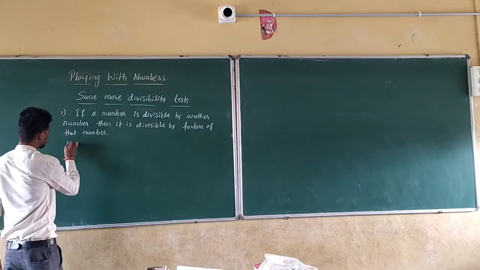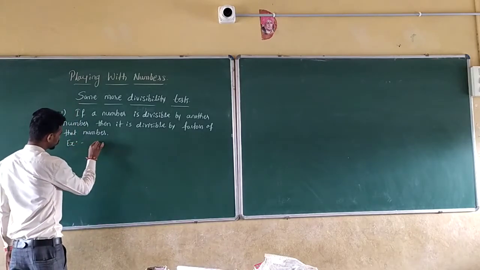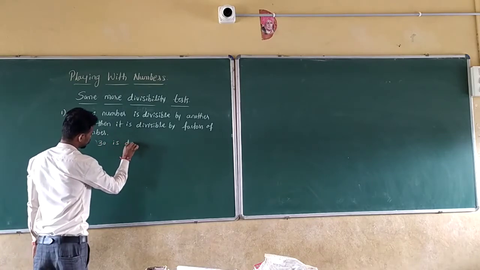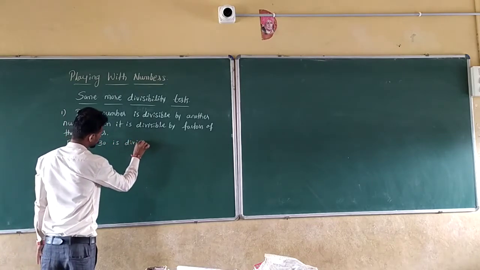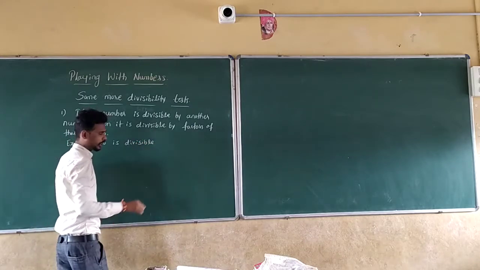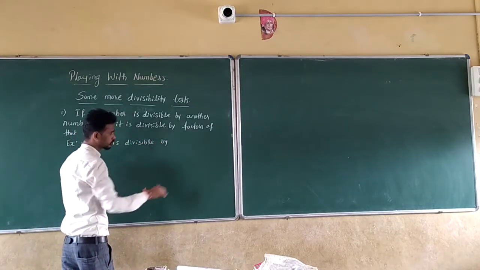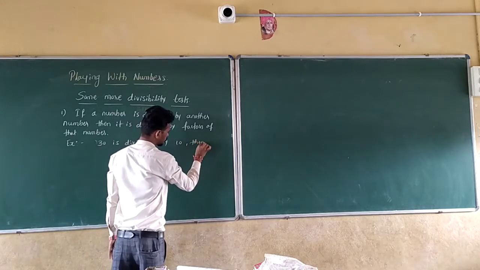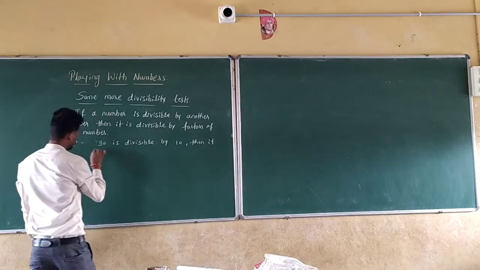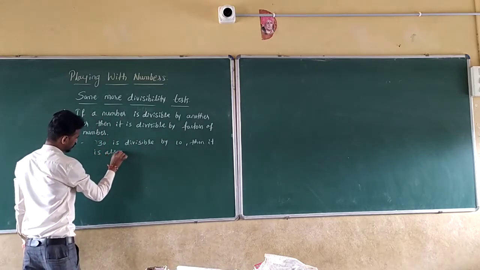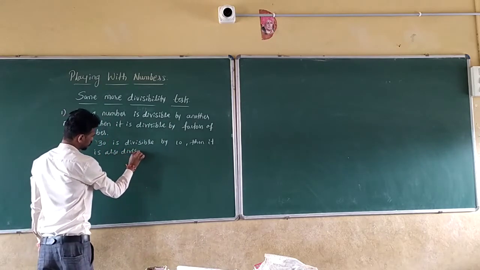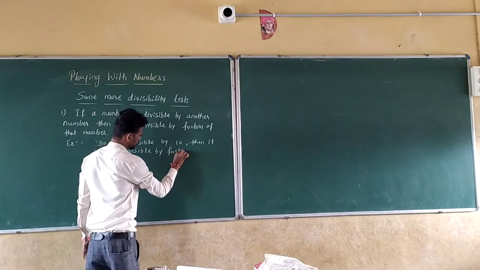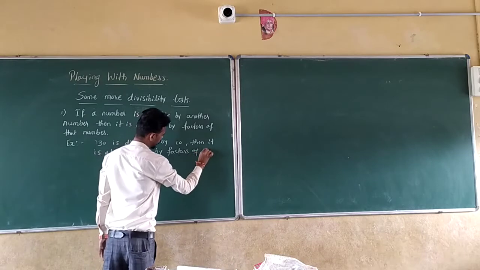For example, 30 is divisible by 10, then it is also divisible by factors of 10.